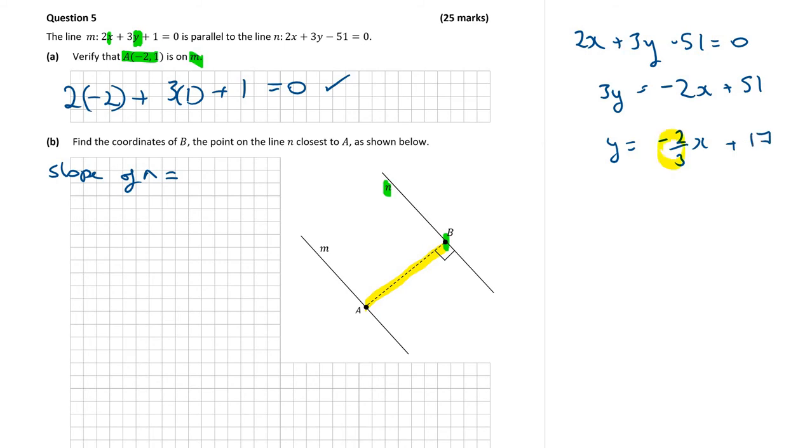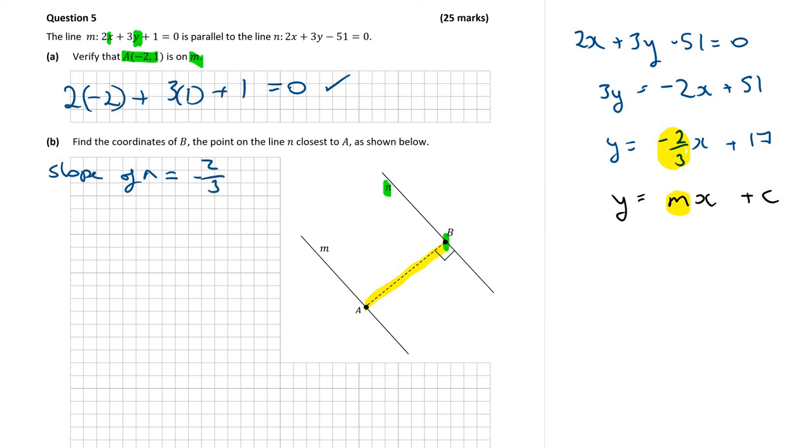Well, when I rearrange the equation of the line into the form y equals mx plus c, that number in front of x, the coefficient of x, is the slope of the line. So the slope of the line N is actually just minus 2/3.